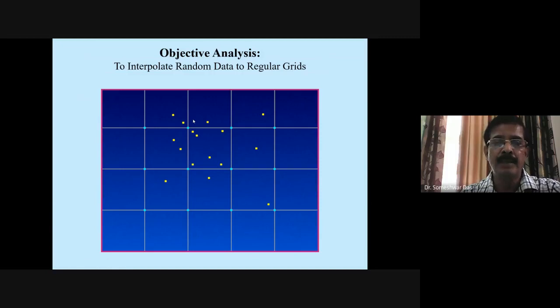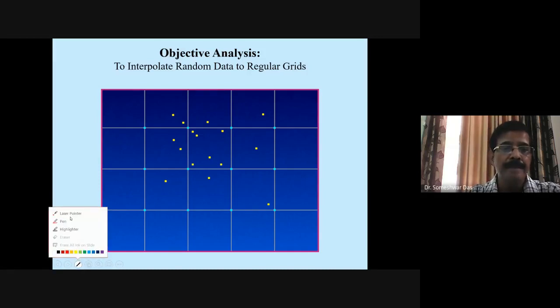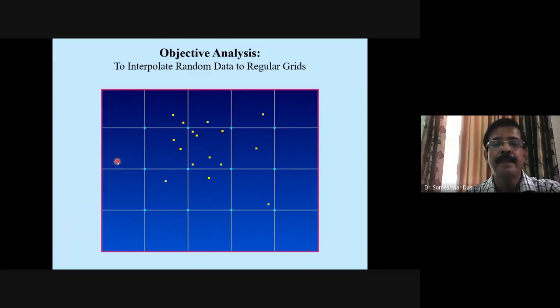Whereas when we run the model, we have regularly spaced grid points, like this. Let me also use the laser pointer. So this is a typical grid of a model, and these points represent the observation locations.